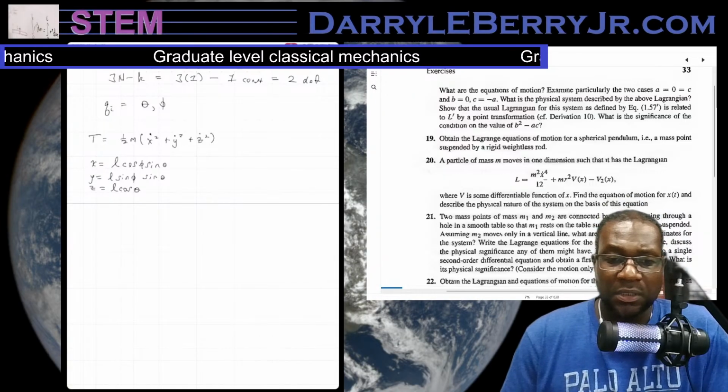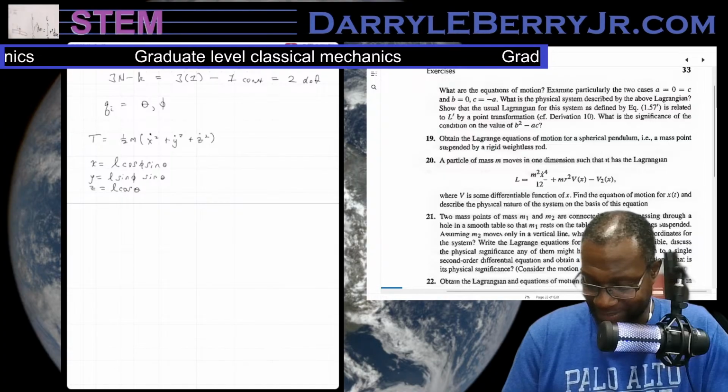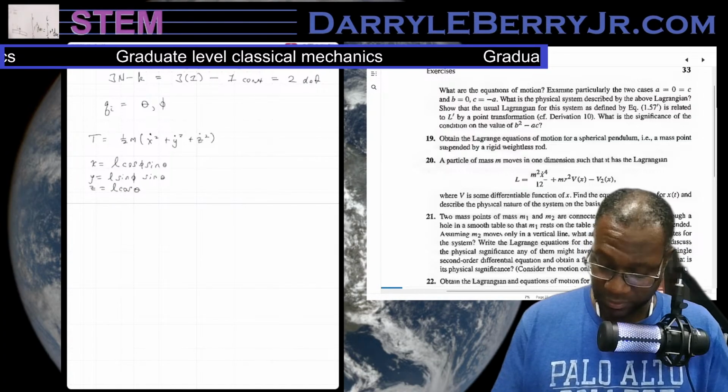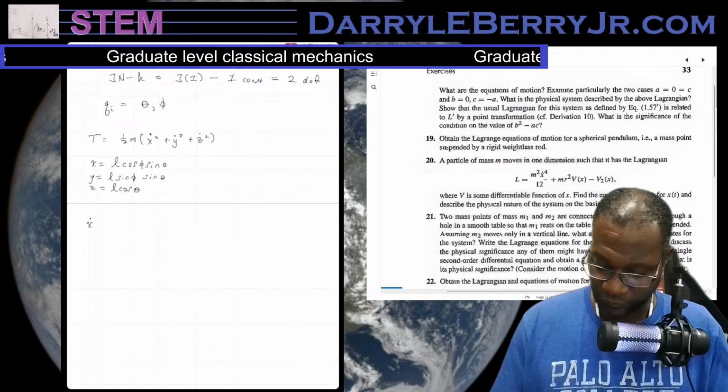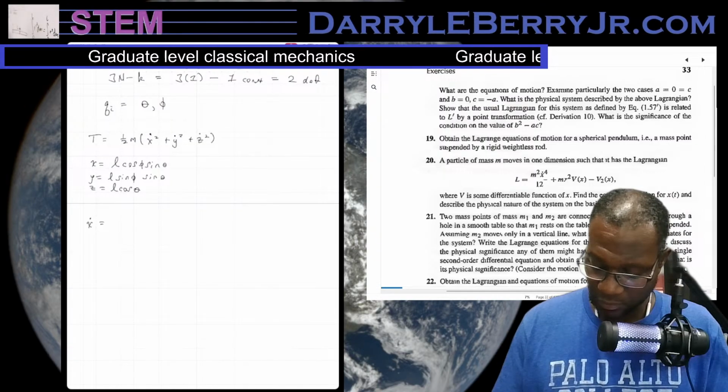Checking this, I see that it is x dot squared, not x squared, so I have to do x dot. L is constant and not going to change, but phi may change.